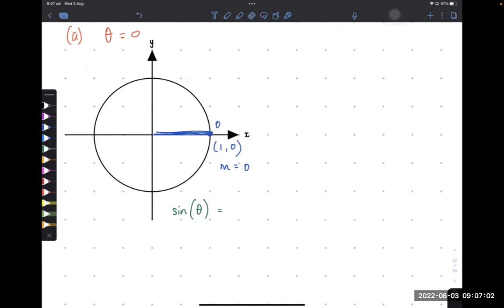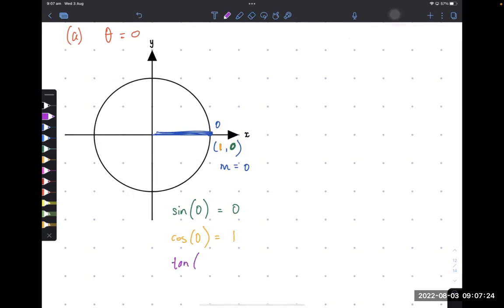Your y value at an angle of 0. The y value here is 0. What does cos measure? The value of x when the angle is at 0 is 1. And that's that 1 here.